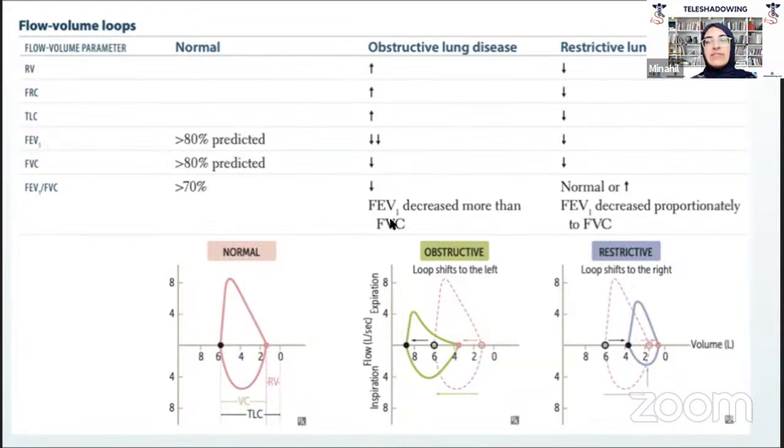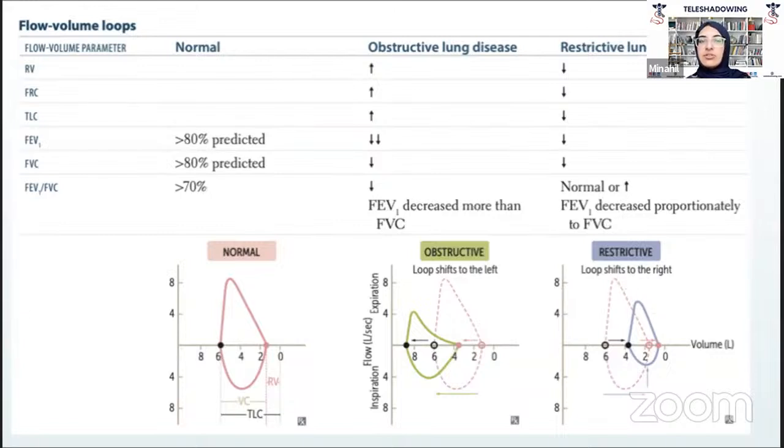You can tell because FEV1 is decreased more than FVC. In restrictive lung diseases, FEV1 is decreased proportionally to FVC. That's another way you can tell. That's why it's important to know basic mathematics and how proportions work, because the ratio would be normal or increased, above 70%. So if you have 80%, you can't necessarily rule out a restrictive lung disease. You have to tell if it's decreased from normal, and whether the loop shifts to the right.